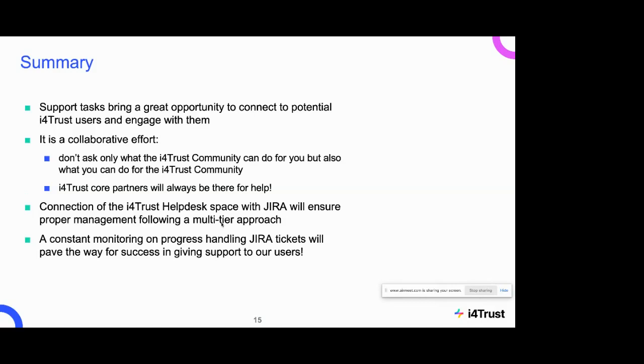The connection of I4Trust help space on the I4Trust community with a ticketing system like Jira, I think is important. It will ensure proper management of the requests for help coming from different users.